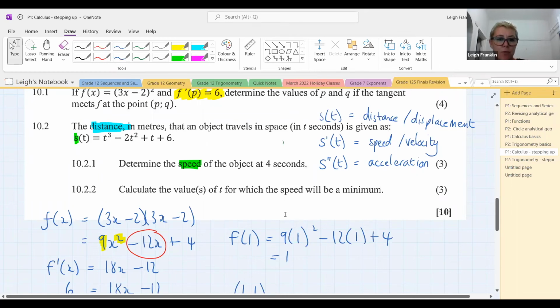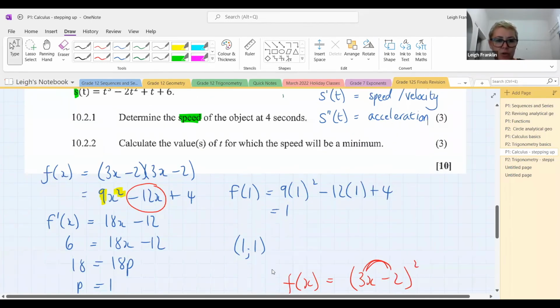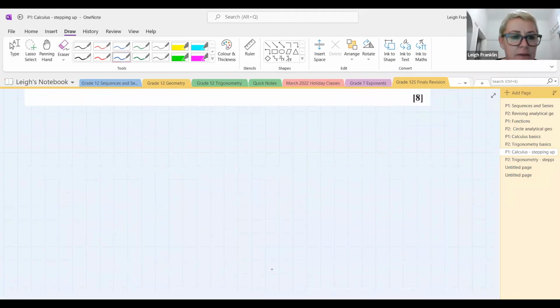So if you go back to, let's just go down here, can you see it? If I draw a silly little graph like this, here I've got time, and there I've got distance.